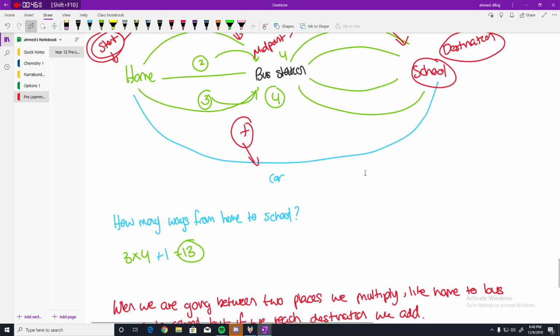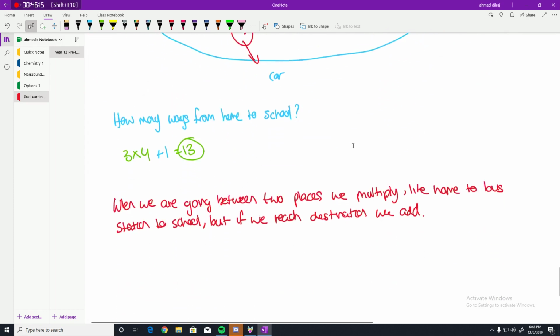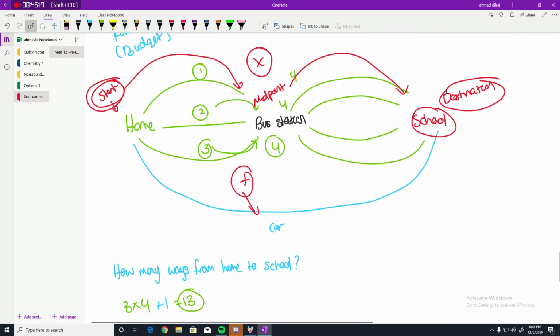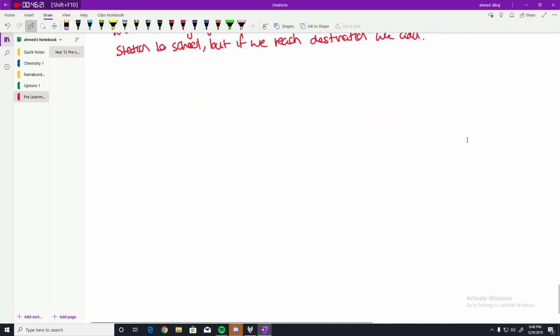So if we're going from our home to the bus station to school, we have to multiply. But if we go directly from home to our destination, then we just add. So that makes kind of sense, but we're going to do a few problems to make sure we all understand this. So before that, I'll quickly say steps to destination.